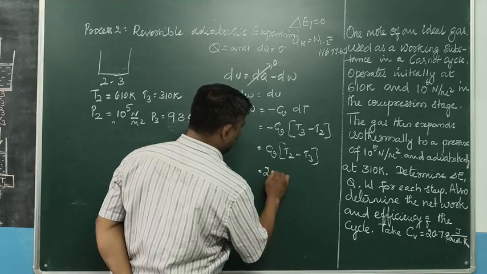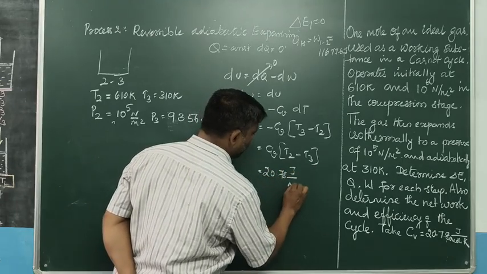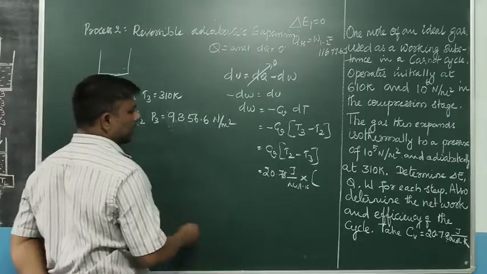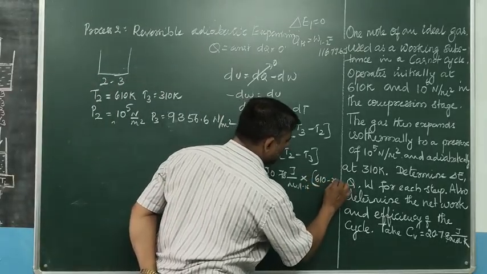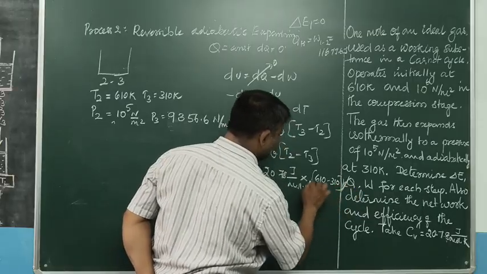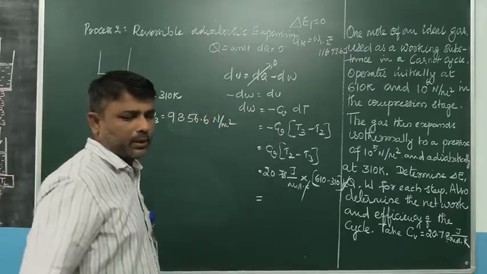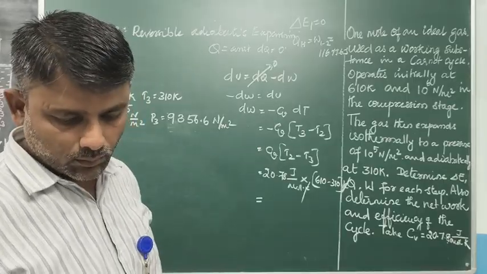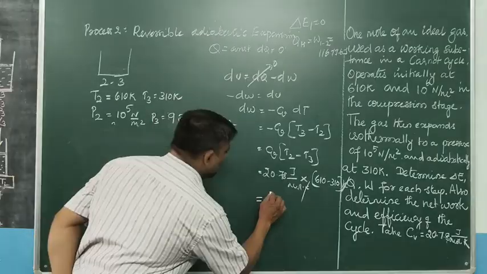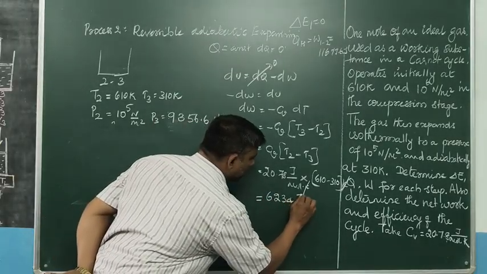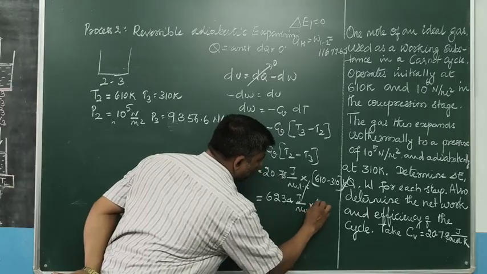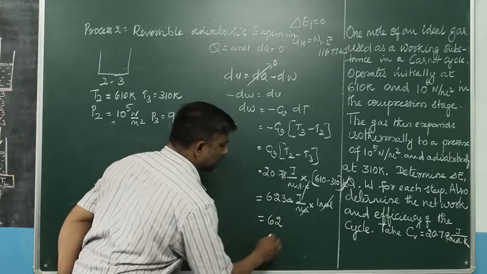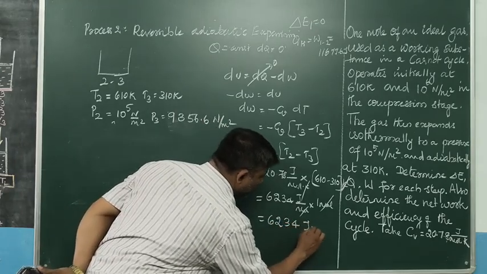So Cv 20.78 joule per mole degree Kelvin into T2 value 610 minus 310. Clear? This is Kelvin. Kelvin gets cancelled. The remaining answer becomes 6,234 joule per mole. For 1 mole of the working substance, mole gets cancelled. The answer becomes 6,234 joules.